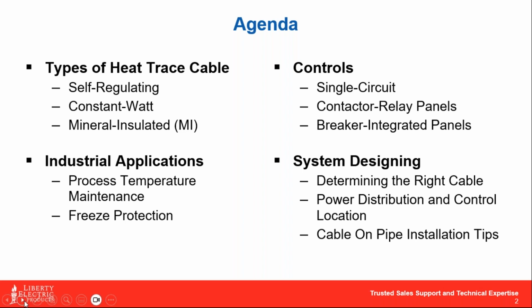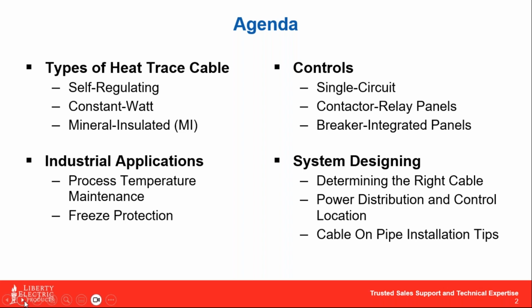So for our agenda today, we're going to cover 4 different segments here. Mainly, we're going to talk a little bit about the heat trace cables themselves. We're going to spend a little bit of time to familiarize you with the most predominant heat trace cables that we see for this application. We're going to talk a little bit about the industrial applications that we run into the most, which is typically process temperature maintenance and freeze protection.